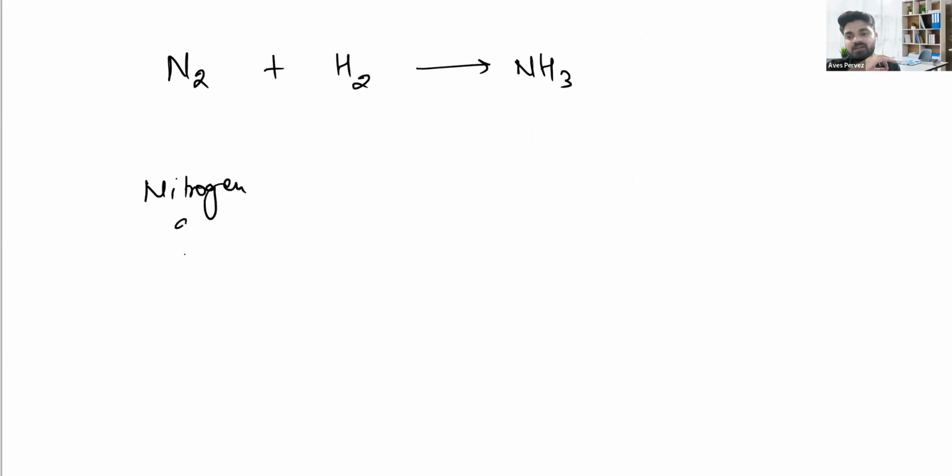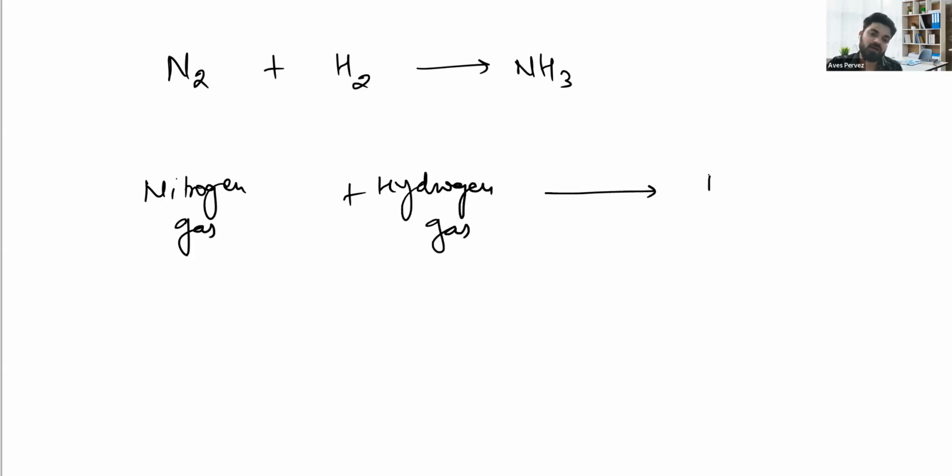Nitrogen gas when it reacts with hydrogen gas gives you ammonia, NH3. Okay. So first balance this equation and then find out the simplest ratio of nitrogen and hydrogen that they must react to form this ammonia gas.